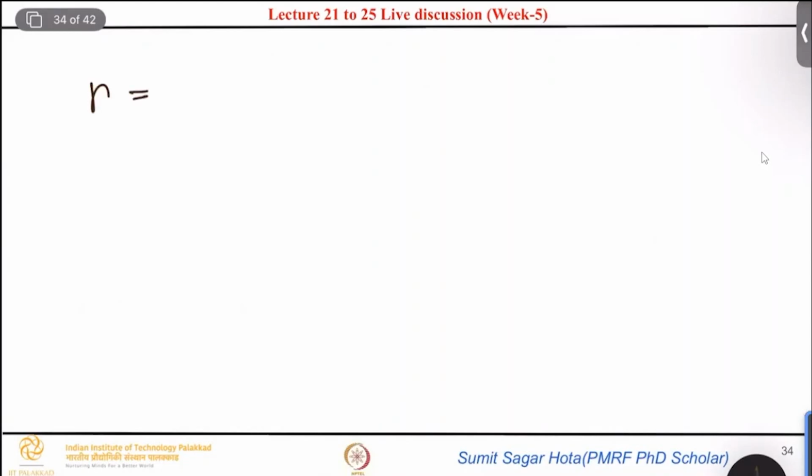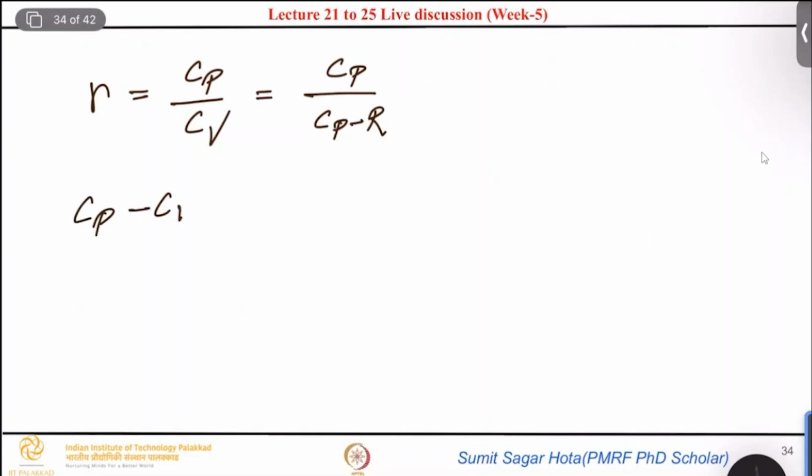Gamma is equal to Cp by Cv is equal to Cp divided by Cp minus R, since Cp minus Cv is equal to R, as we already know.